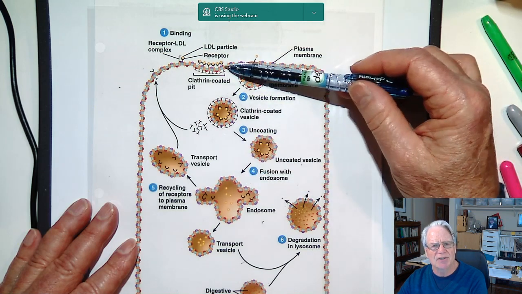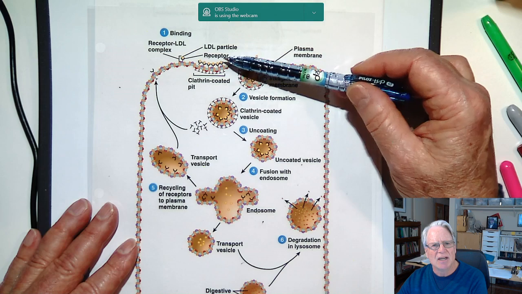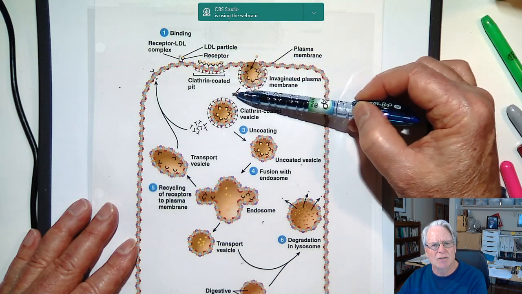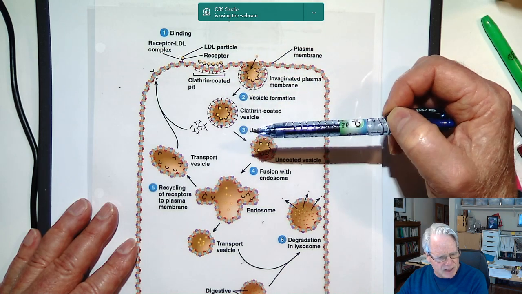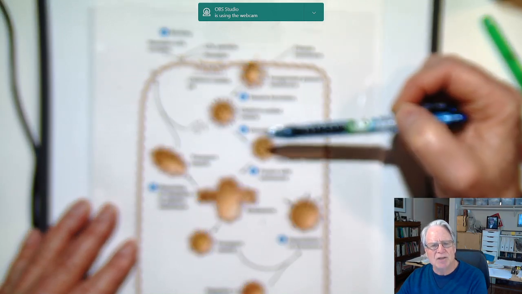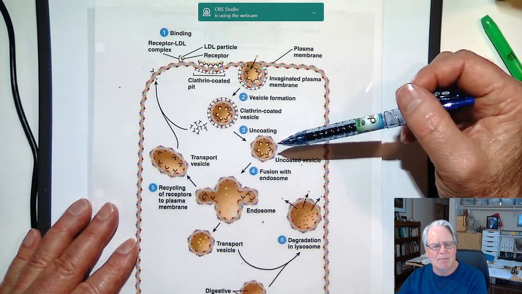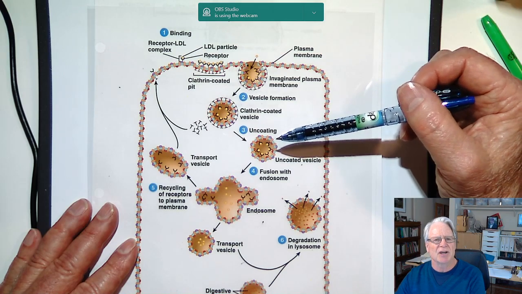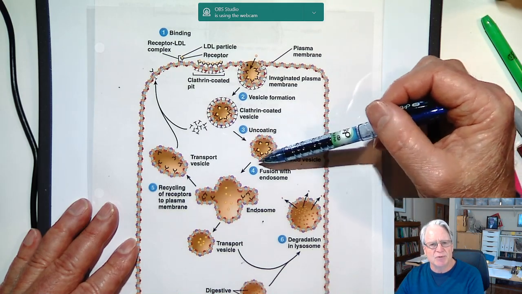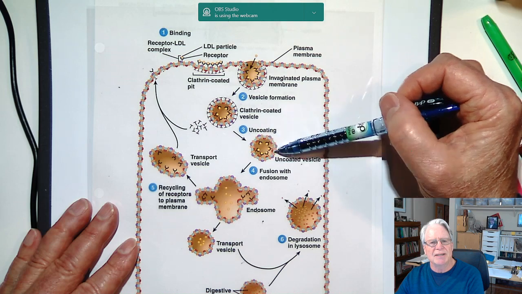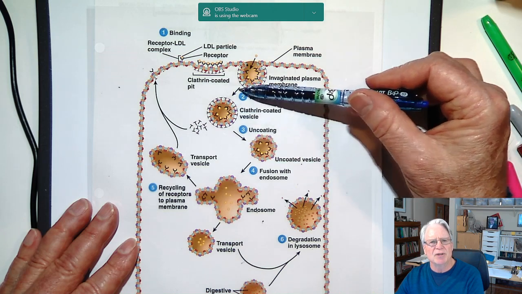So this is a process called endocytosis. It's bringing something into the cell. We can do the same thing in the opposite direction. Now, this is not an example of that, but let's, for the sake of argument, say we built these little yellow balls inside the cell, and we want to move them to the outside.